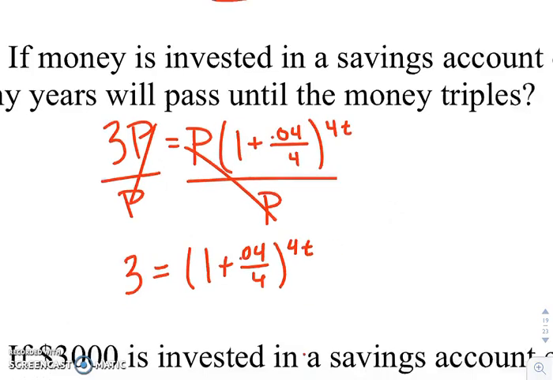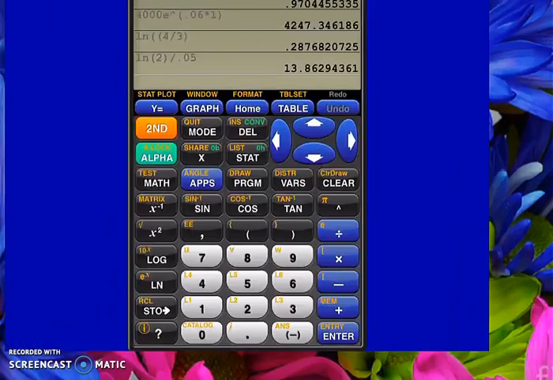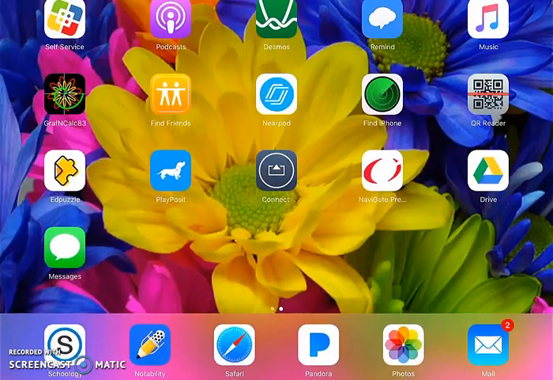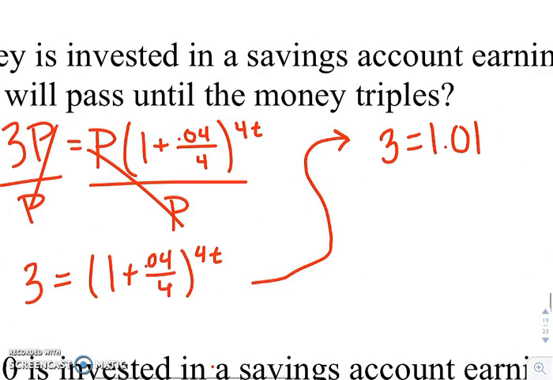Let me get a better decimal, I'll round it to 3 or 4 places. Oh, that's why I only wrote 1.01, because that's what it is. So 1.01 to the 4t power.